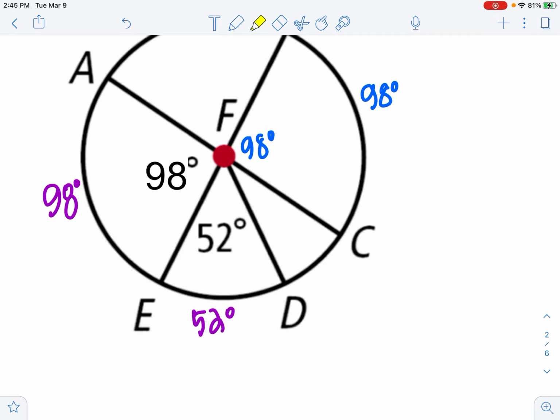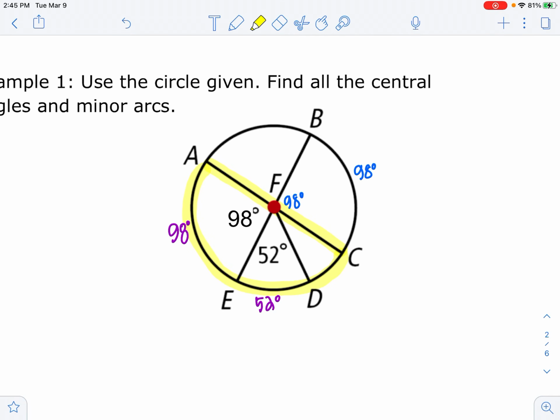All right, now I'm going to use my diameter and semicircle for help. So here's a diameter. That means this is a semicircle and it's 180 degrees. So if you look at it, I already know this much and this much, but I just need this right here.